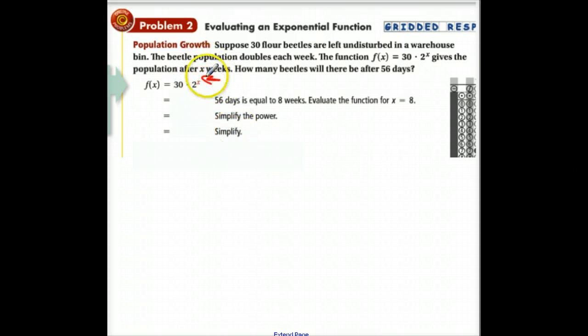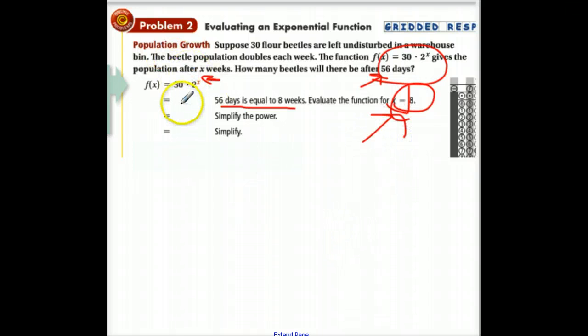Alright, well, first right away, since they're talking about x means weeks and they gave me a number of days, how many weeks is 56 days? 56 days is equal to 8 weeks because you can just divide by 7 days. So we're going to evaluate the function when x equals 8. To evaluate, it's very easy. You're just plugging the value in for x into your function.